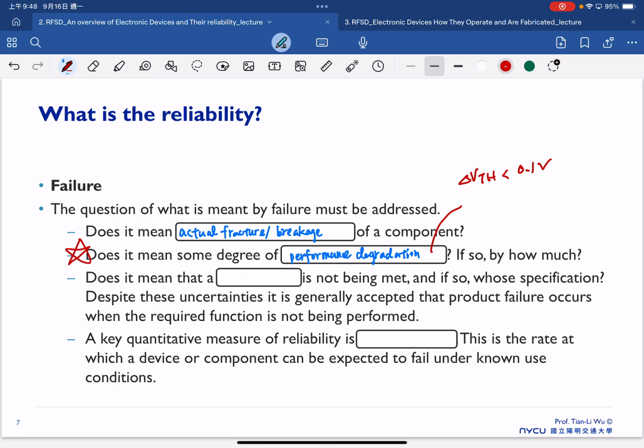As long as our threshold voltage shift is more than 0.1 volt, we can define this as a failure, or we can define it when our on-resistance reaches a 20% increase.